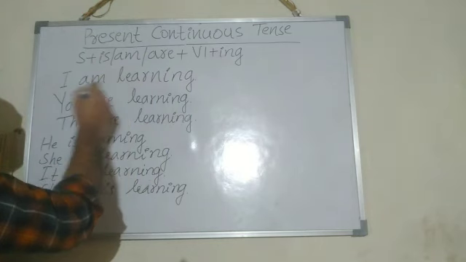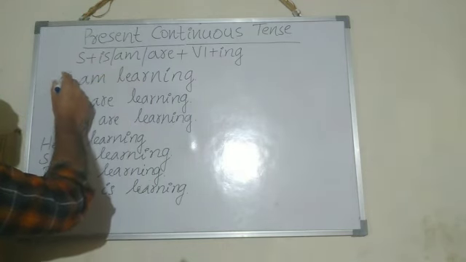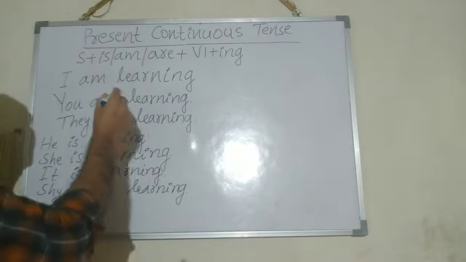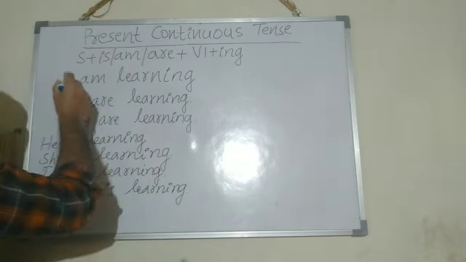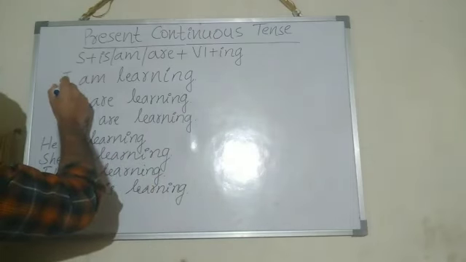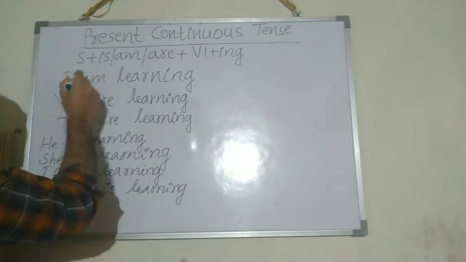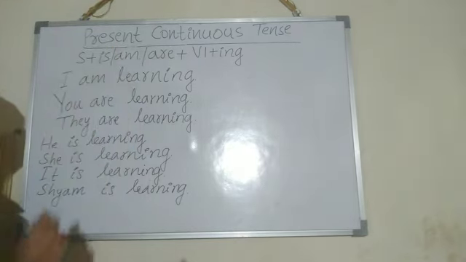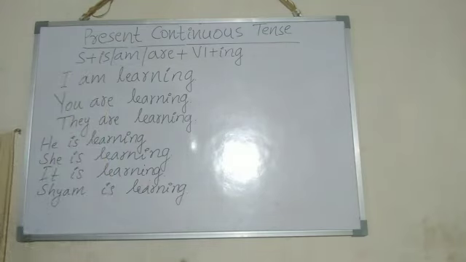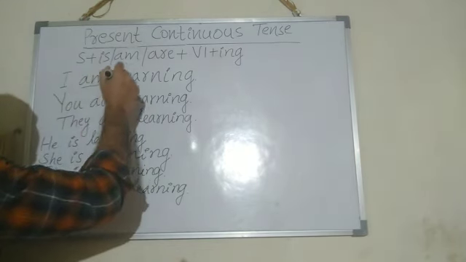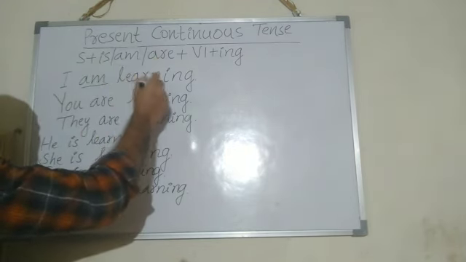Then here, I am learning. I is the subject, that is singular, but it is first person, so we consider it in a separate category, and in front of I we have to use always am. Am will come always with I. So am is the auxiliary verb. Then learning.